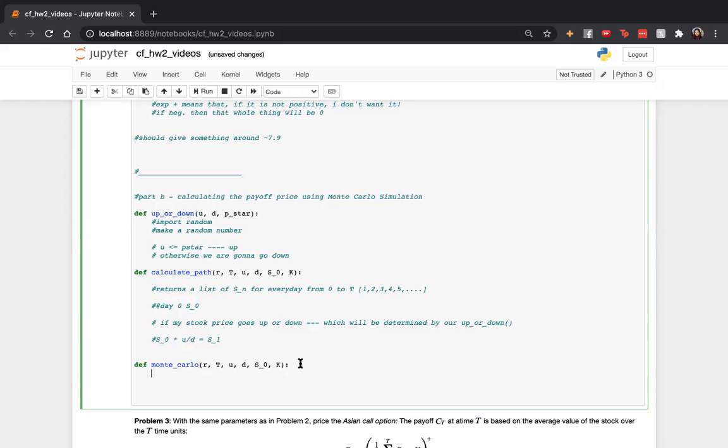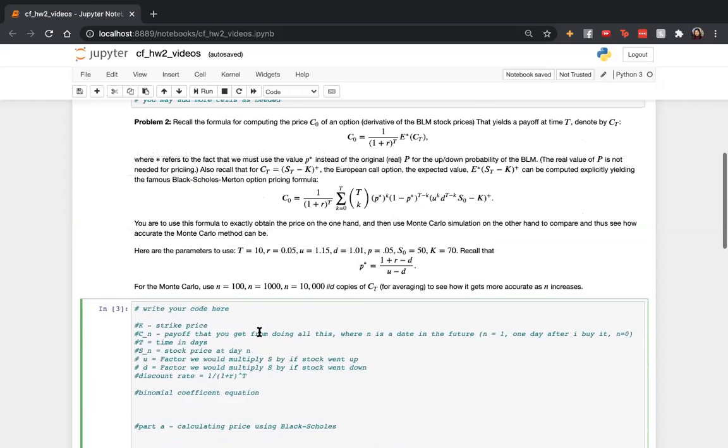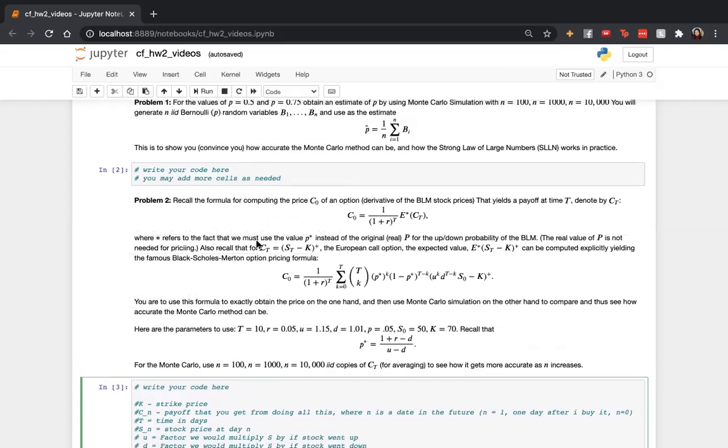So what that means is that we are going to run our path n times, and then we are going to get our payoff from that. So our function, if you do it this way, is going to give us a list of things, right? Or that's what we had planned out. So if you get the last value of it, that's going to be the last value at S of n.